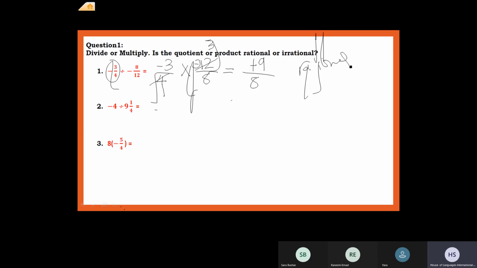Here you have to simplify to get the final answer. I will not ask you to find the answer. Find it in your paper, then look at the number. If it is rational, and so on. Yalla, let's go to the second one.